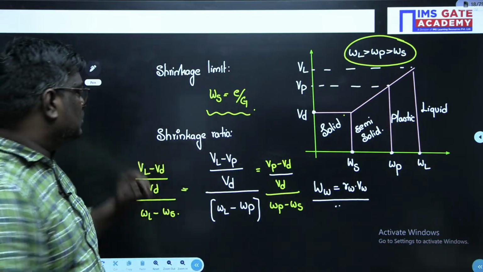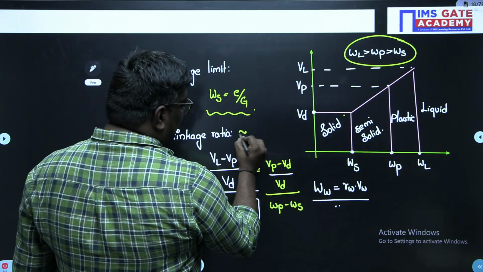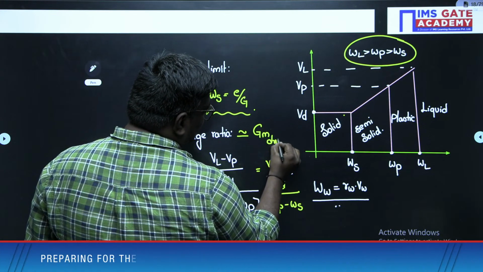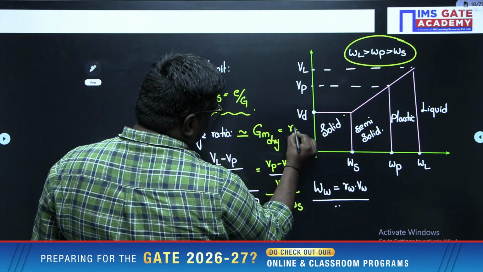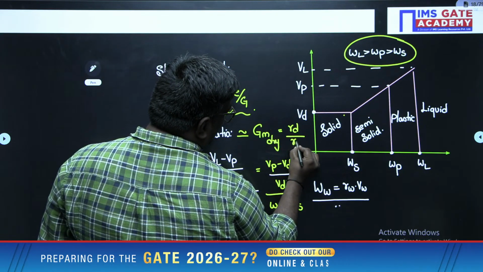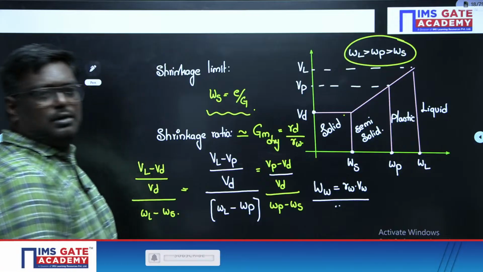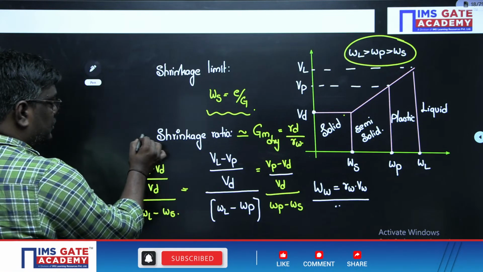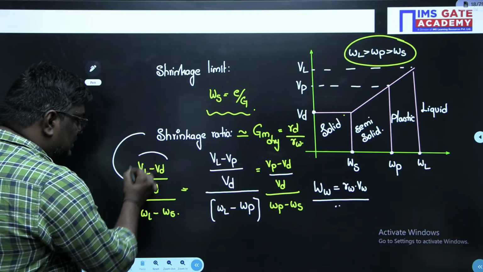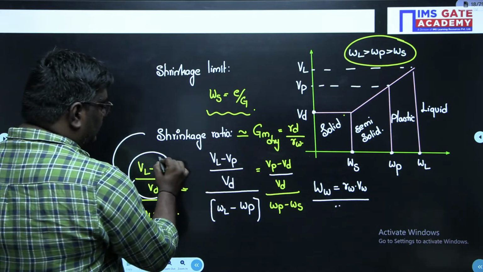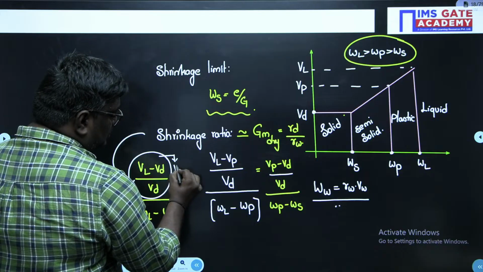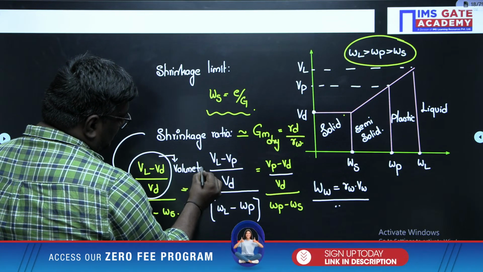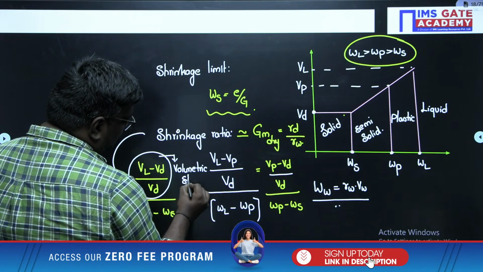Here, my dear students, let me tell you, shrinkage ratio can also be written as mass specific gravity at dry state, or you can write shrinkage ratio as gamma d by gamma w. This is our shrinkage ratio. Now only this part we call volumetric shrinkage.